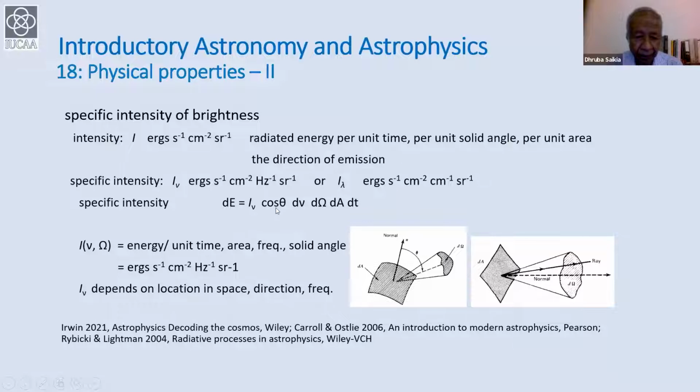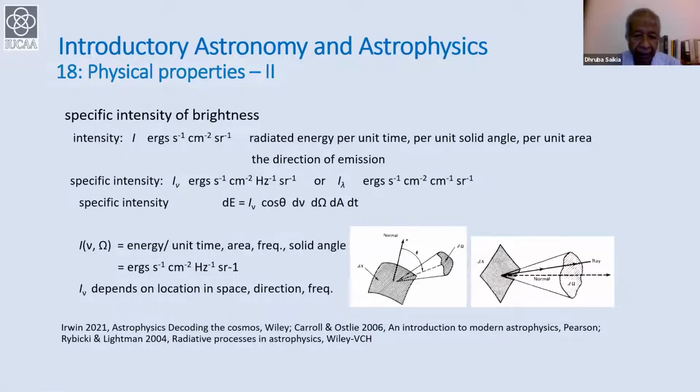Energy, and cos theta comes in because the surface at which you're observing, or the surface from which the radiation is going out, need not be orthogonal to one another. So this is the angle theta. If it is completely orthogonal, theta is equal to 0 and cos 0 is 1.